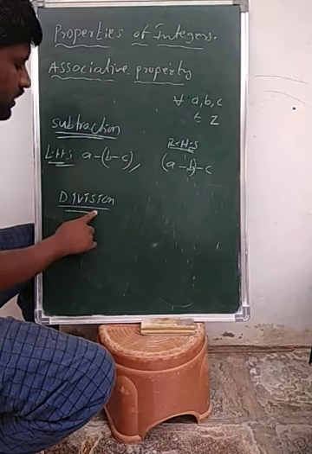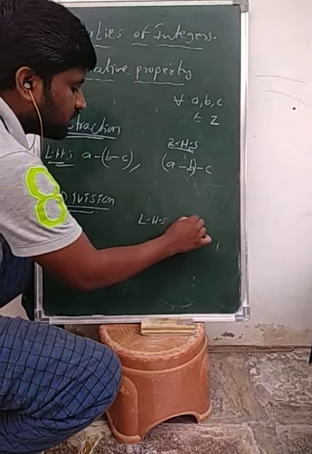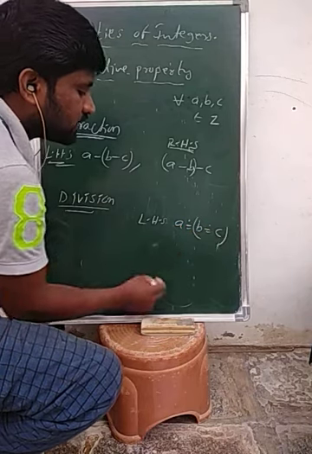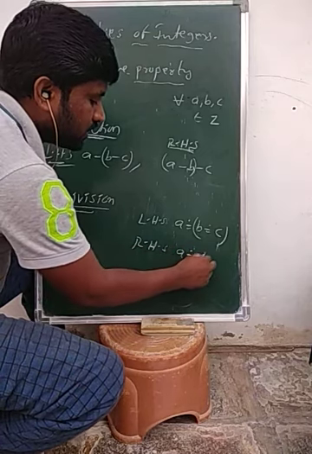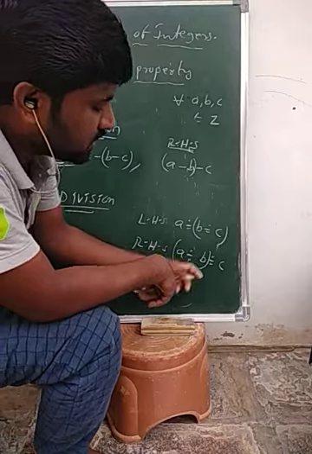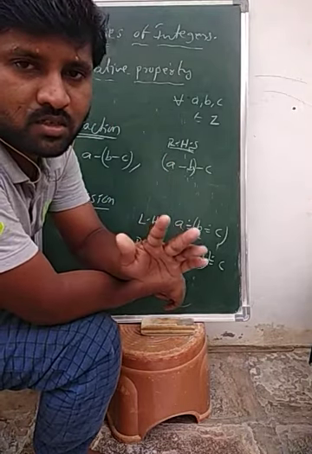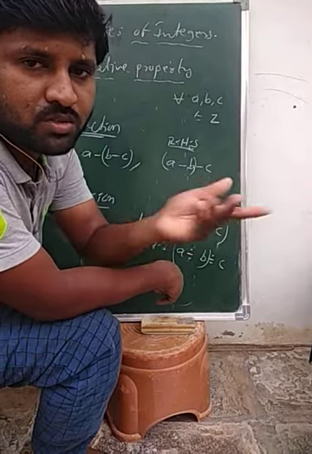associative property under division. You consider the LHS part, a divided by (b divided by c), bracket for the second and third integers, and the RHS part, (a divided by b) divided by c, bracket for the first and second integers. In the place of a, b, c, take your own integers, whether all positive, all negative, or some positive and some negative, your wish.